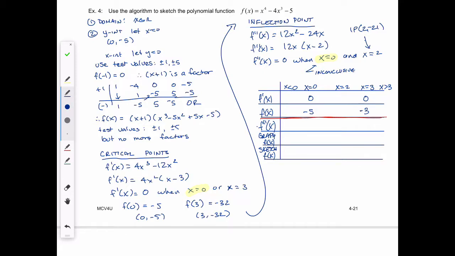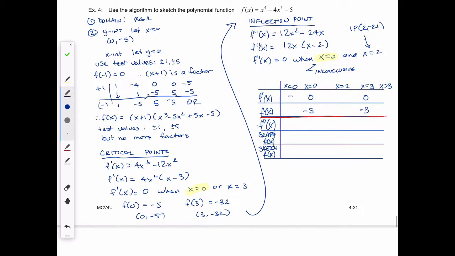Okay, if I were to plug in a value less than 0, i.e. negative 1, into my first derivative function, I'm going to get positive times a negative, which would be a negative, which means my graph is going down towards my first critical point. If I put in a value greater than 3 as an example, it's going to be positive, positive, so it's going to be positive, and it's going to be moving away from that point over there.